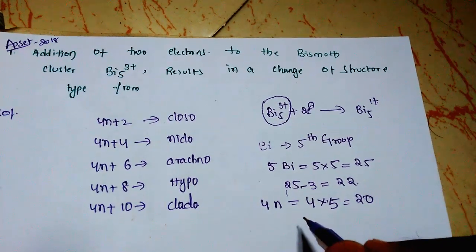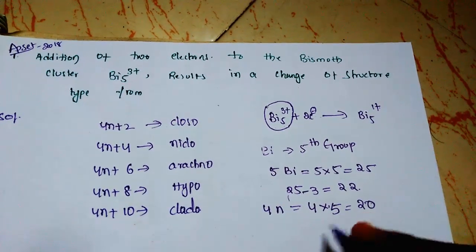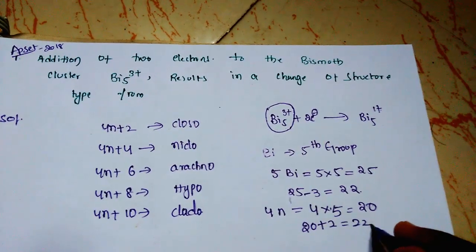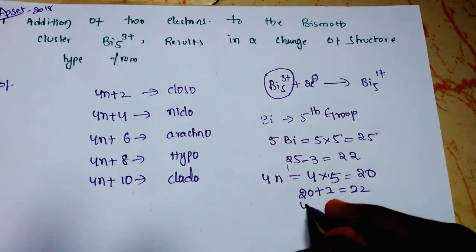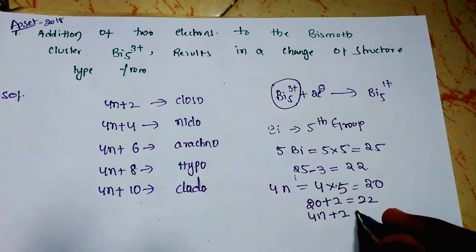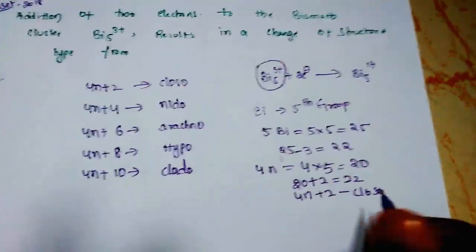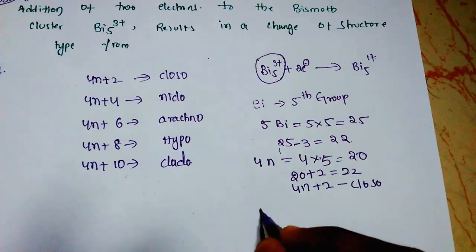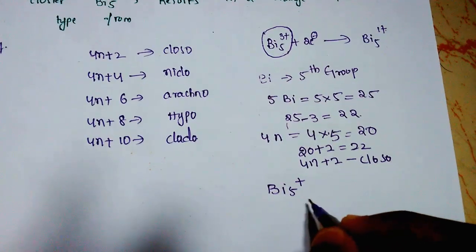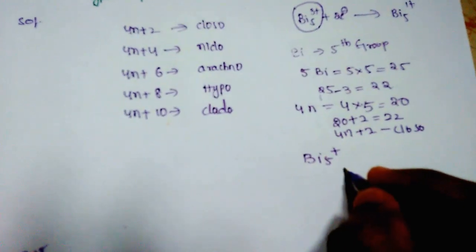So 20 plus 2 gets 22, that means it is 4n plus 2 type of structure, that means it is closo.